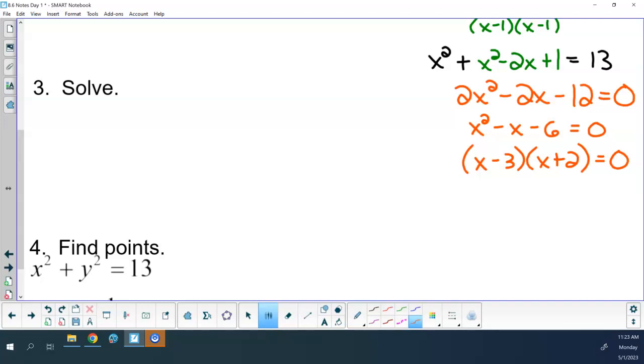Now what can I do with those? So what can I do with those? Solve for those, how? Well, use the zero product property.